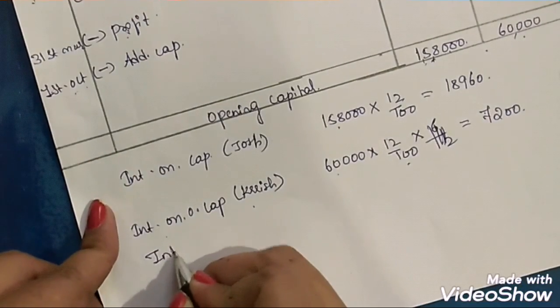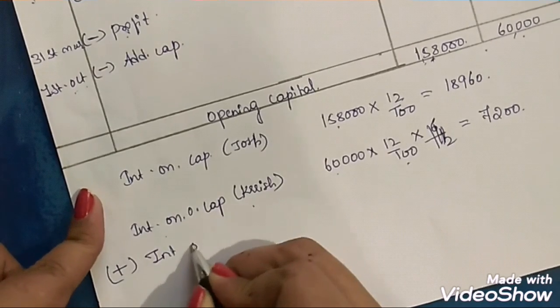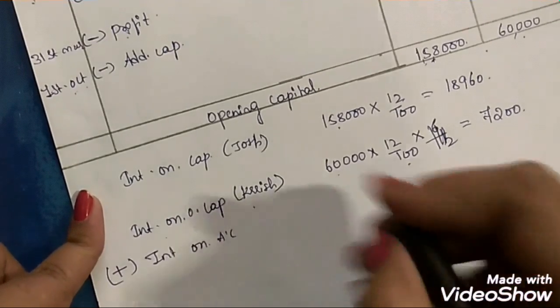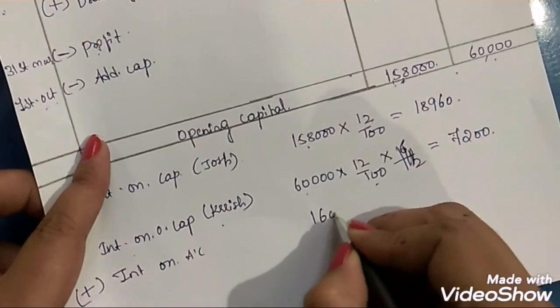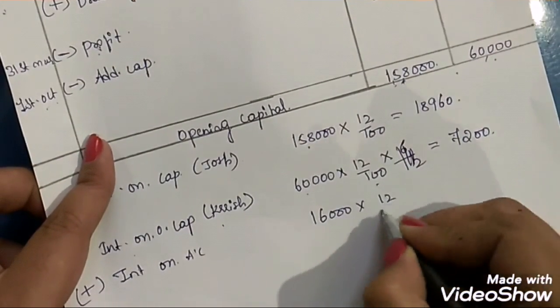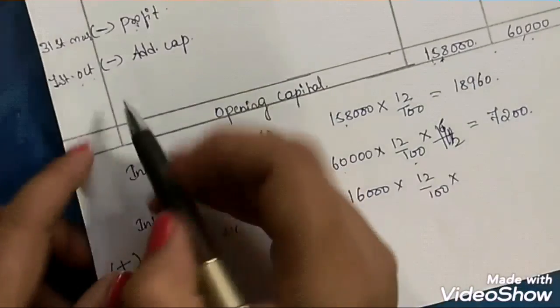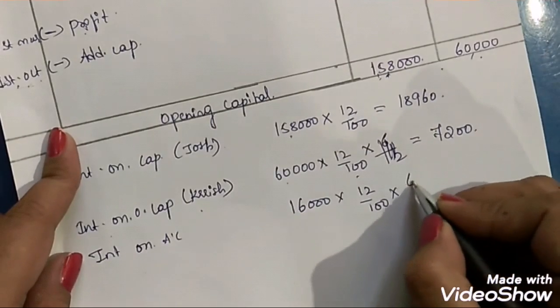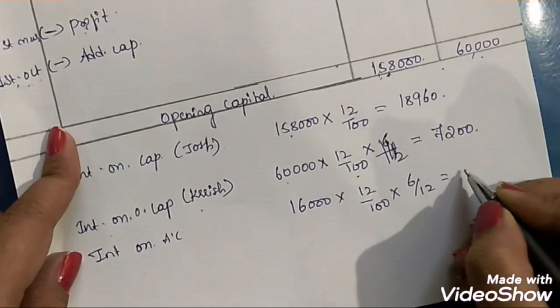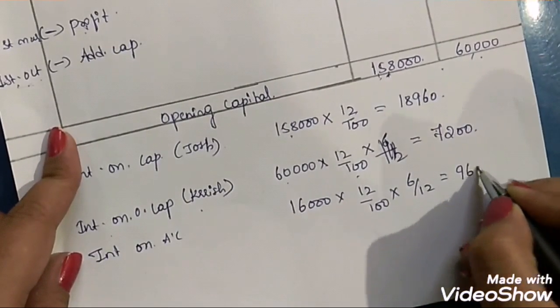Next, now we have to add the interest on additional capital. Additional capital of Krish is rupees 16,000, so 16,000 into 12 divided by 100. It was introduced on 1st of October, so from October to March it is 6 months, so 6 divided by 12. Now it would be rupees 960.